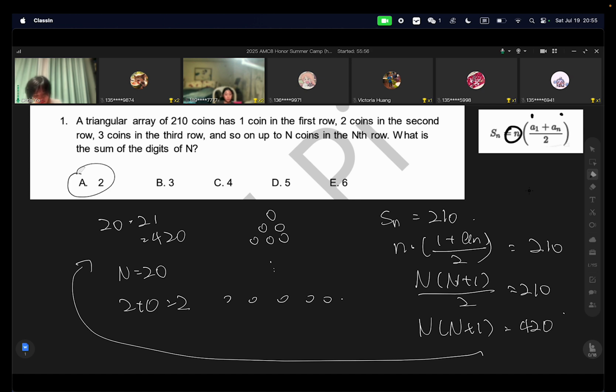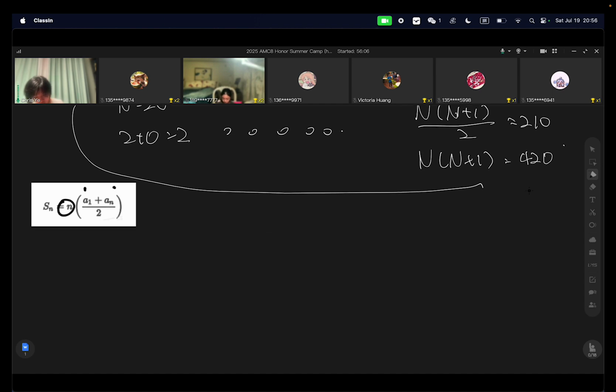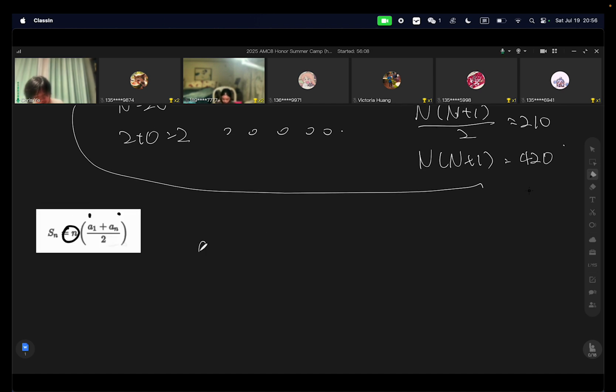And I guess we can try to prove this formula. I'm going to briefly explain it. Let's move down first. For this formula, let's say a plus d all the way to a plus nd.